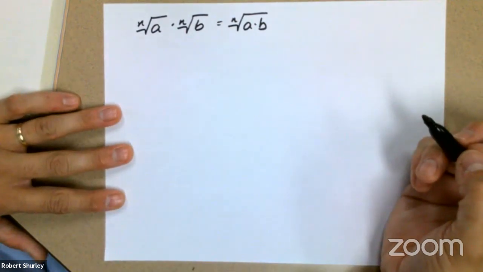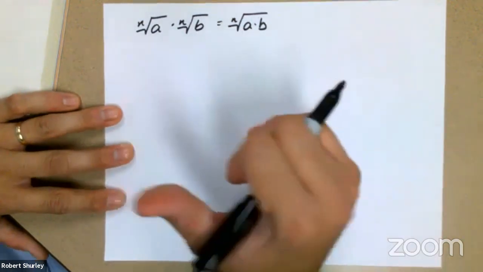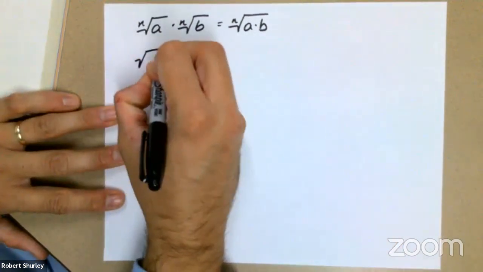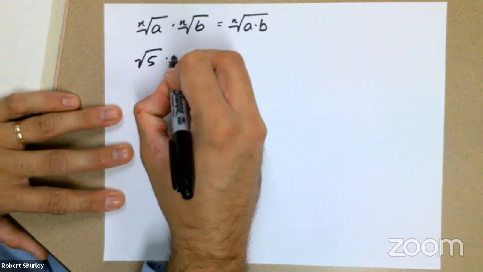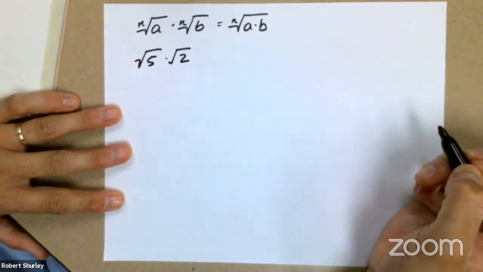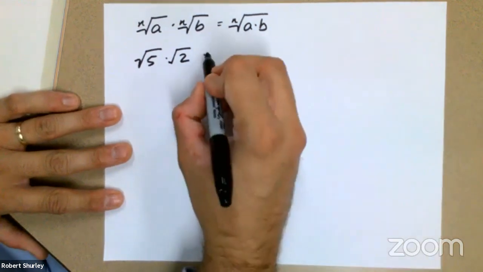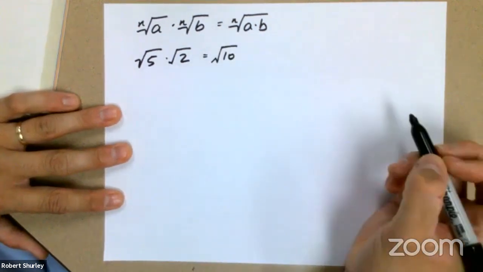So if we do some basic examples with this, if we had like the square root of 5 times the square root of 2, okay? Square root of 5 times the square root of 2, just going to be the square root of 10, okay?